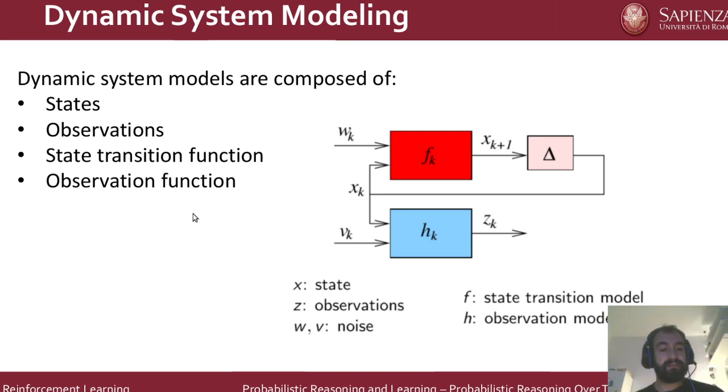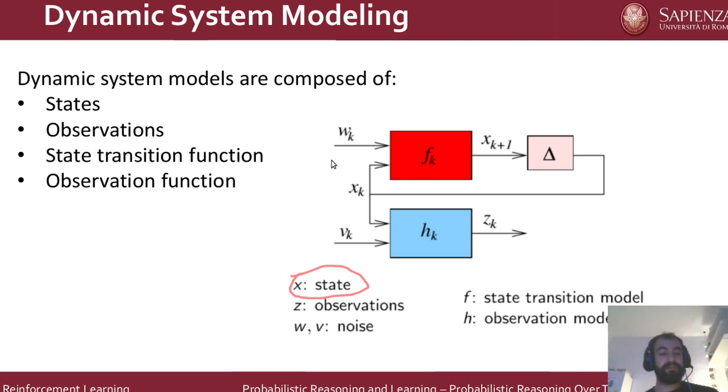The state is of course a description of the current situation of the dynamic system itself. So this is our state x. Observations are what you can actually see about that state, or something that is generated by the state: an external manifestation or an external view of the state of the system itself.